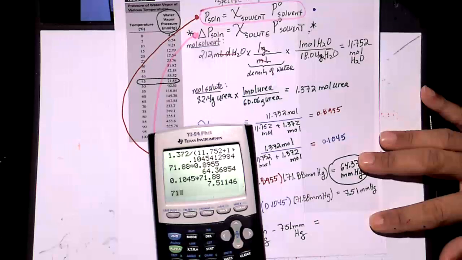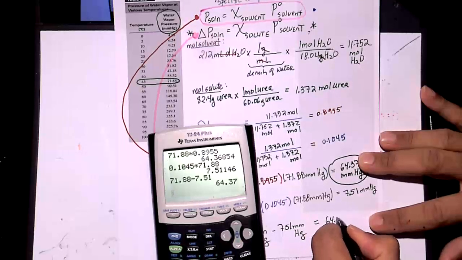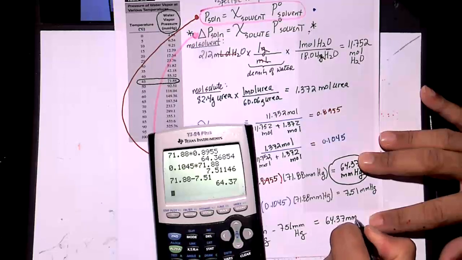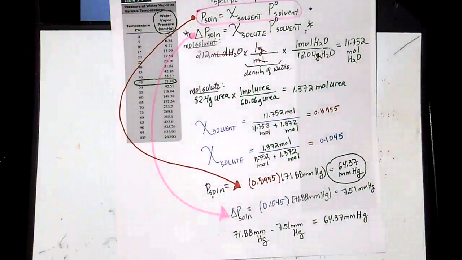And what is this on our calculator? 64.37. And we're right on the dot. Okay.